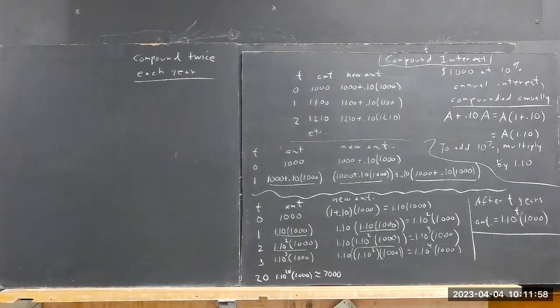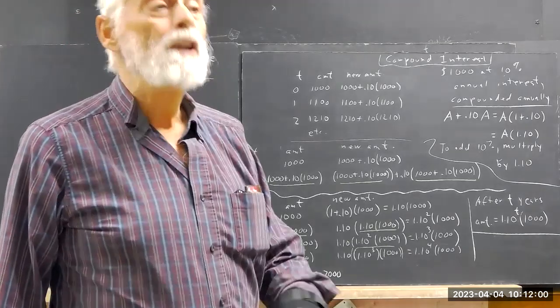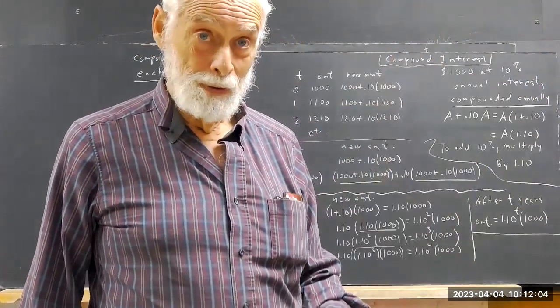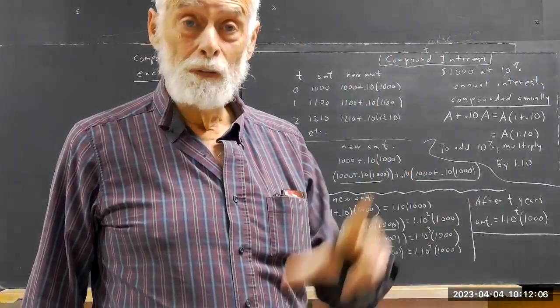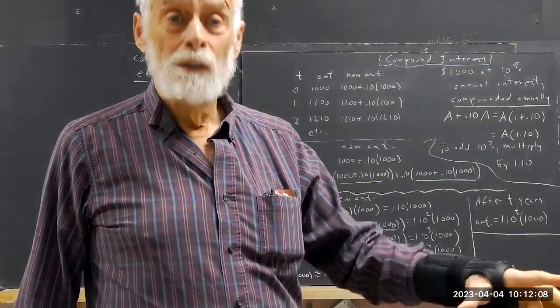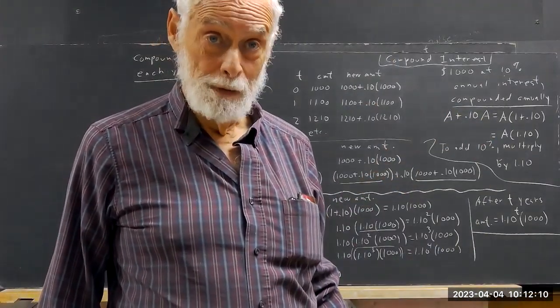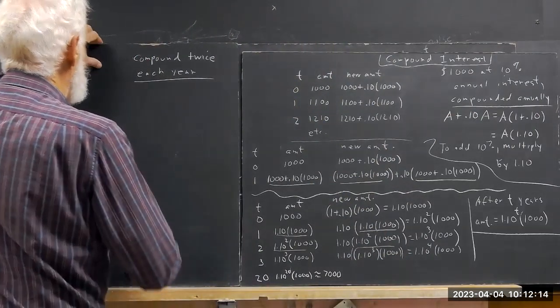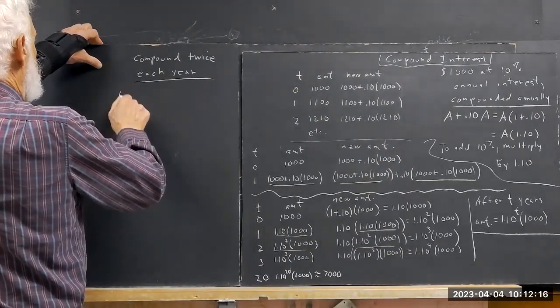Now, that doesn't mean I'm going to give you 10% interest twice each year. That means I'm going to give you half of that 10% twice each year. So I'm going to give you 5% after 6 months, 5% after another 6 months. Well, that's pretty easy to do.